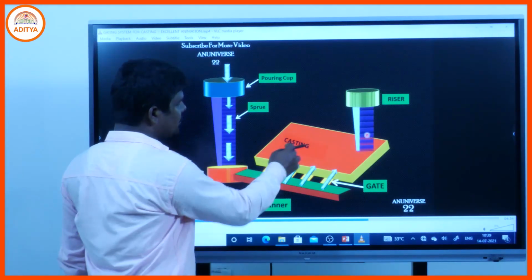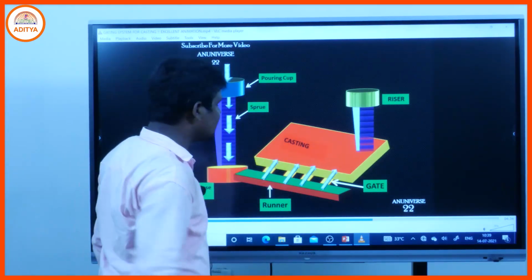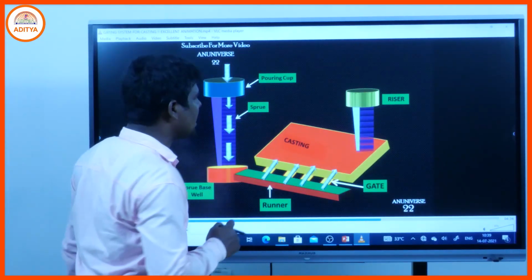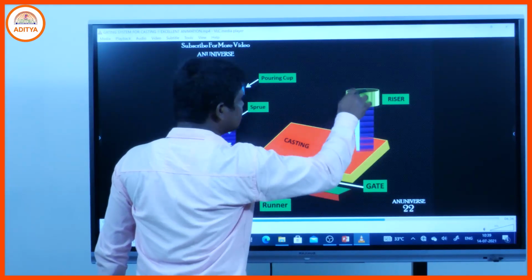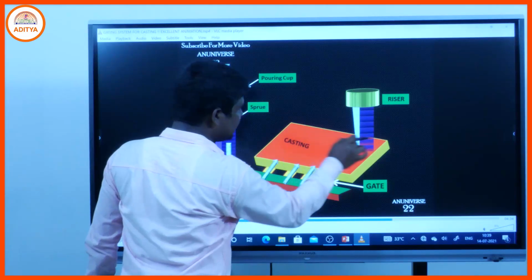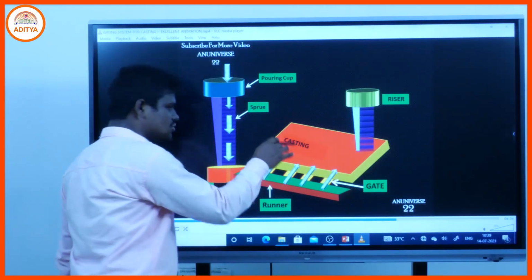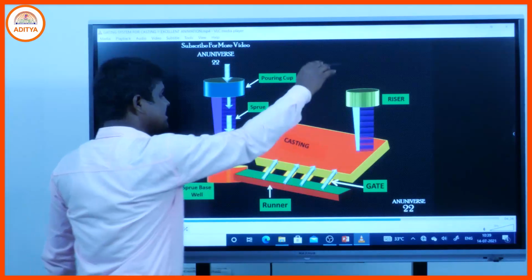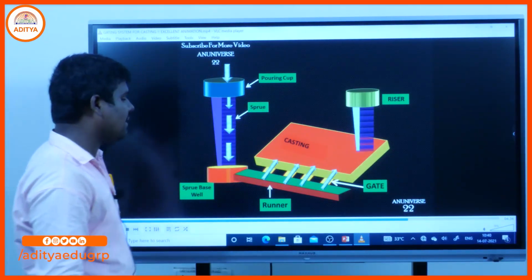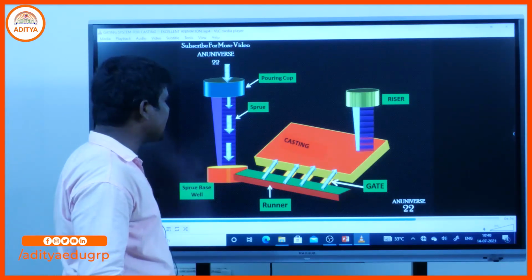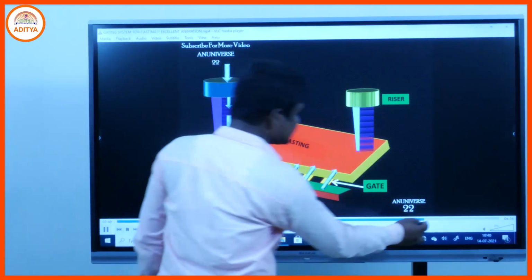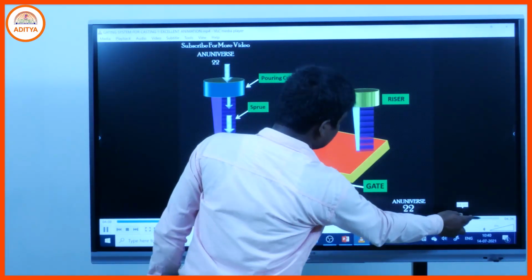A larger amount of material flows through the mold cavity, and we connect the riser to it, where extra metal is stored. When shrinkage allowances take place in the mold cavity, the extra metal comes from the riser to compensate. That is the final point, and these are the different parts of the gating system, or the mold system.